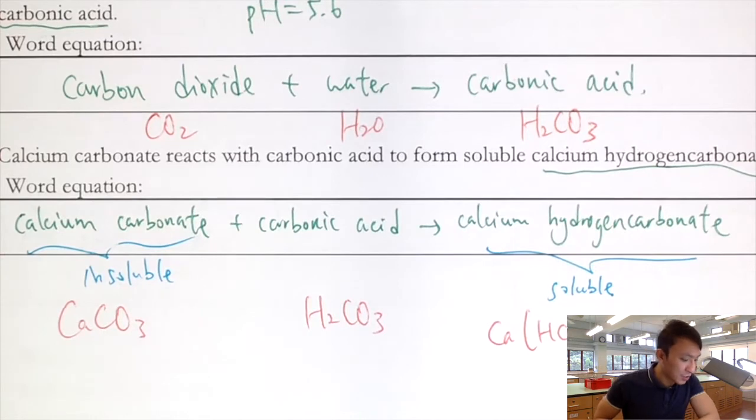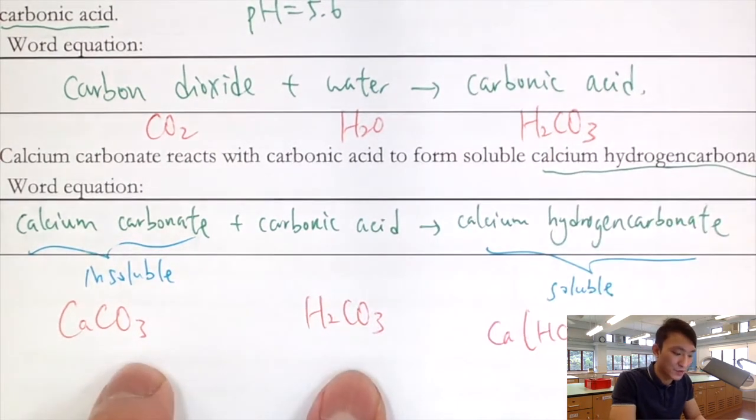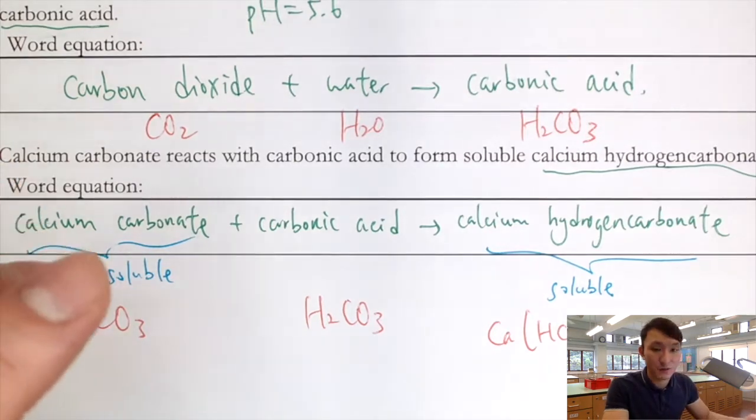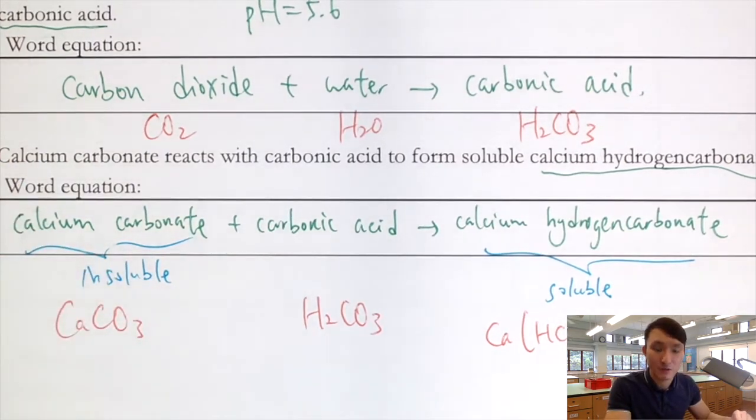Okay? So you can count the number of calcium atoms, hydrogen atoms, carbon atoms, and oxygen atoms. It should be all balanced on both sides. Okay? So that would be something to do with weathering and erosion. Make sure you know the difference between weathering and erosion.